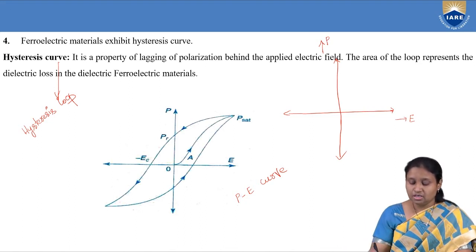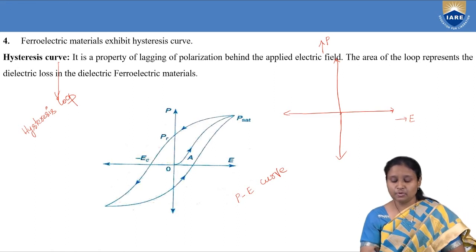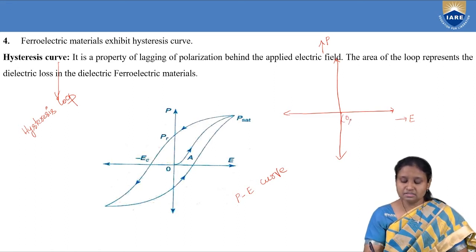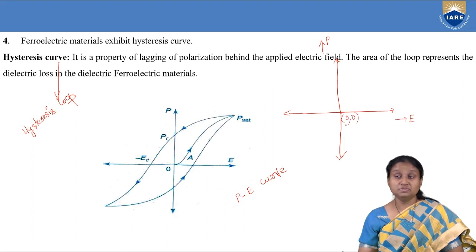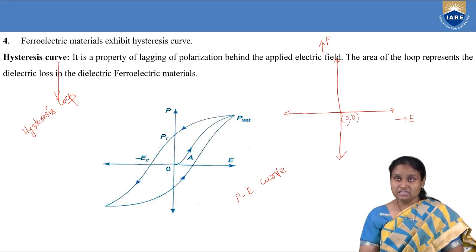Now first I have taken a ferroelectric material and I'm starting from this point, which we can also say is the 0 point. What do we mean by the 0 point? Electric field is 0, polarization is also 0.